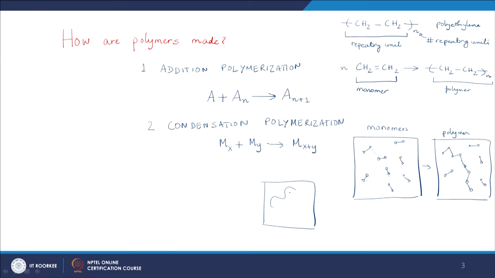So, at the very end what you will have is actually a combination of polymer chains, some of them larger, some of them smaller, and it is very difficult to have a constant molecular weight or a constant value of this n.